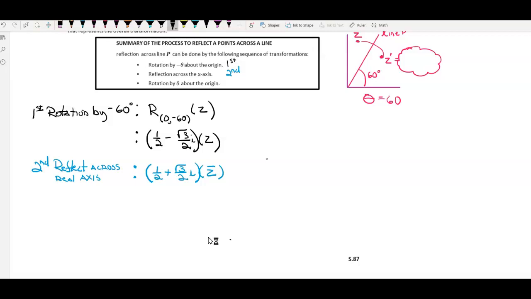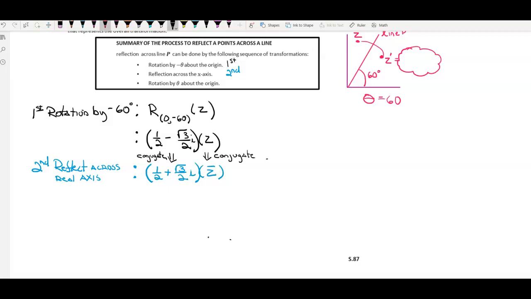When you look at what happened between here and here, what I did was I did the conjugates. So that's why it changed to plus, and that's why I put the bar on top of the Z.